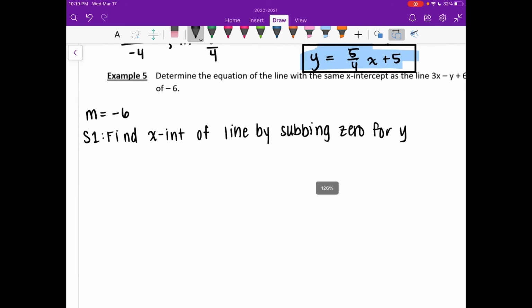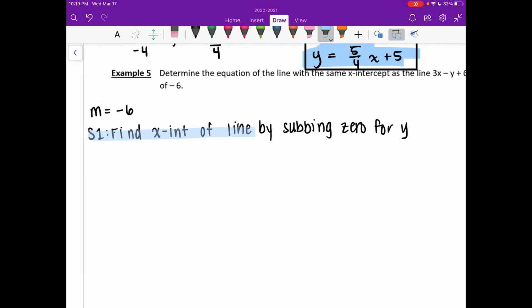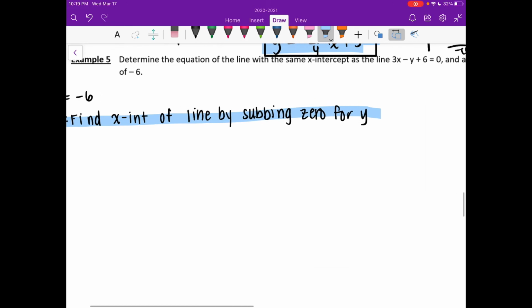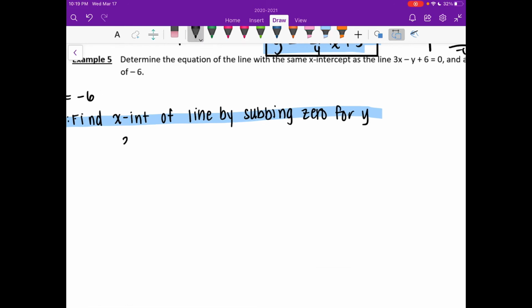So let's write that out. I know 3x minus y plus 6 equals 0, so I need to find the x-intercept by subbing 0 in for y. So 3x minus 0 plus 6 is equal to 0, right? 3x, minus 0 plus 6 is just plus 6, equal to 0.